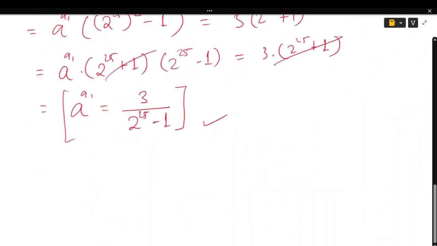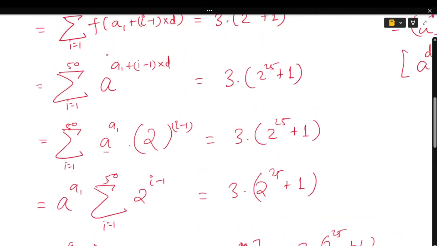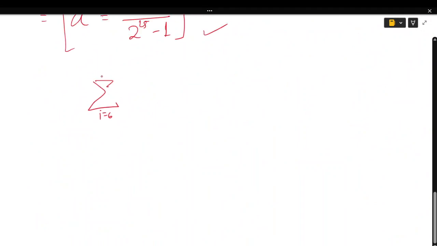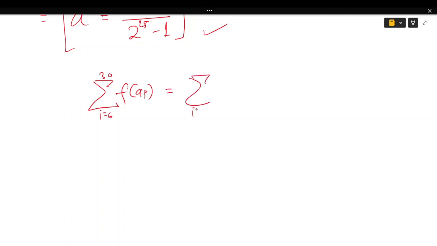Now we need to find the value of the summation i equal to 6 to 30, f of a of i. Again, a of i can be generally written as a1 plus (i minus 1) times d.